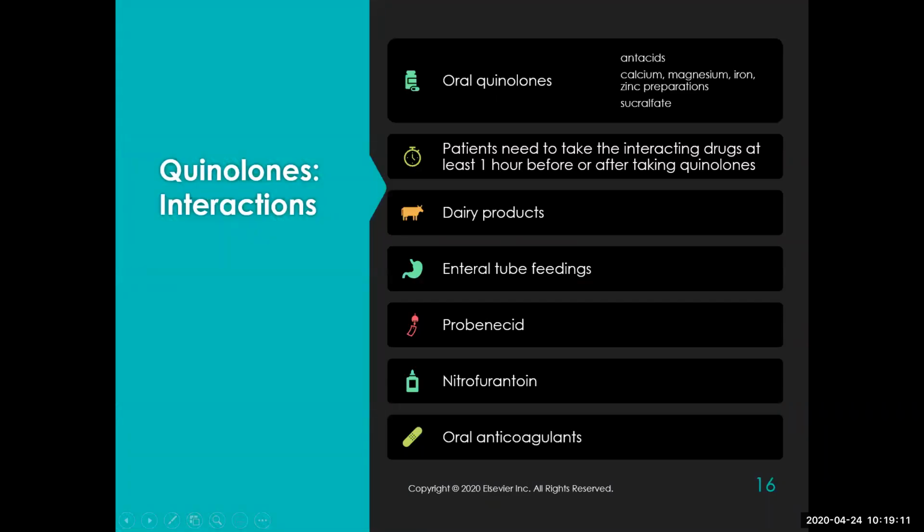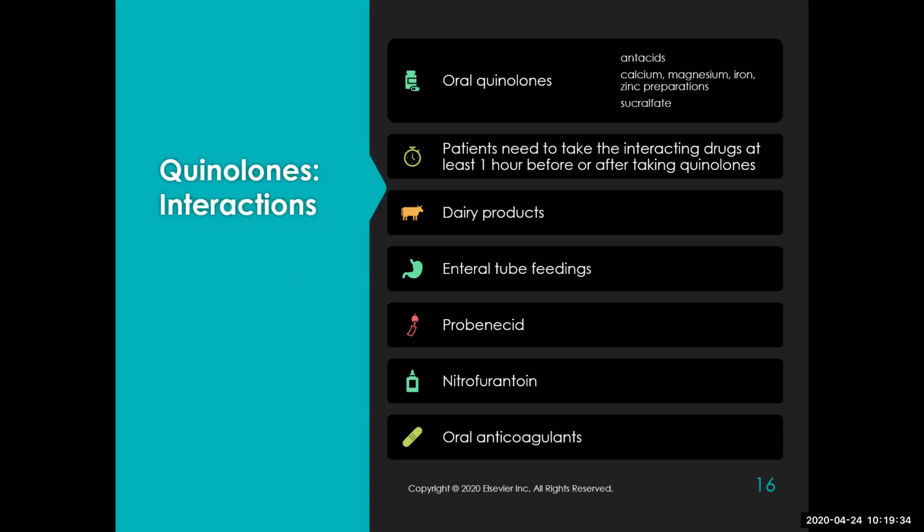So what interactions do these quinolones have? Well, for our oral quinolones, and most of them are, but cipro can also be given IV. For the oral quinolones, I mentioned anything in the GI tract that's going to alter the GI acidity and gastric acid production is going to reduce the effectiveness of a quinolone.